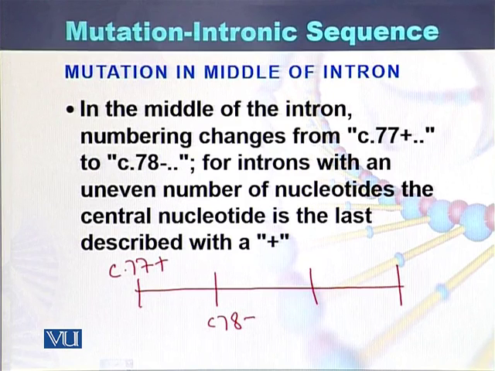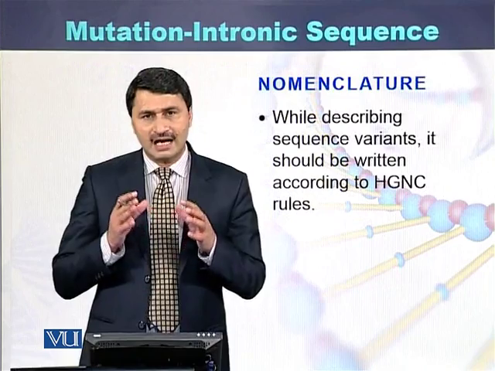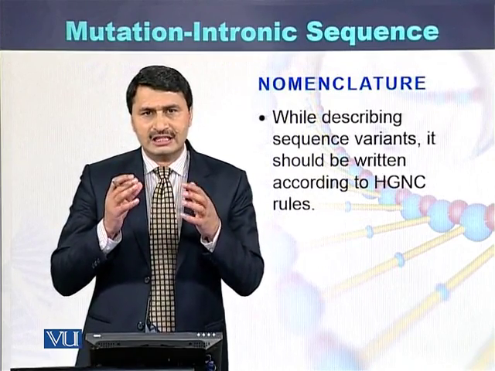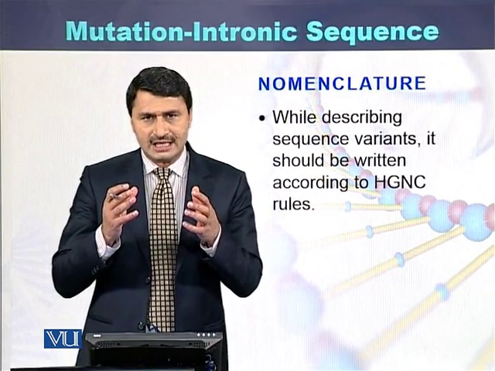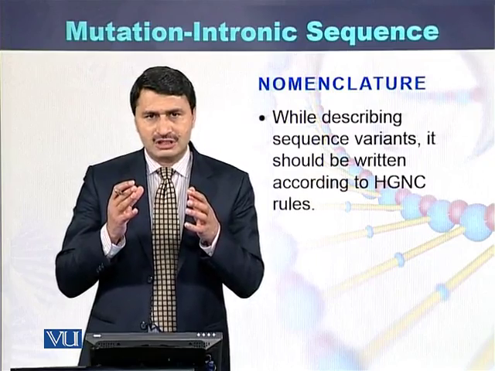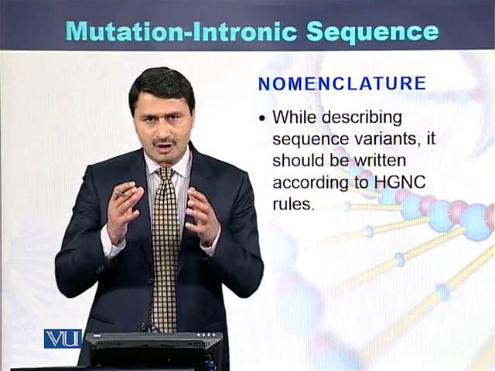So if a mutation is present in the middle of the intron, it can be written from both ends, because sometimes there are uneven numbers present in the introns. While describing mutations or variants, whether at the level of DNA, RNA or protein, we should use the standard procedure for the description of variants.